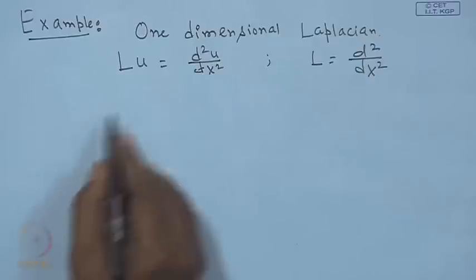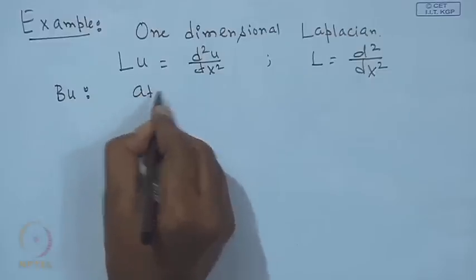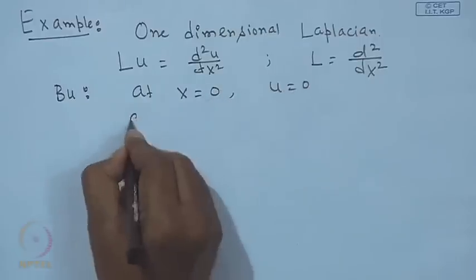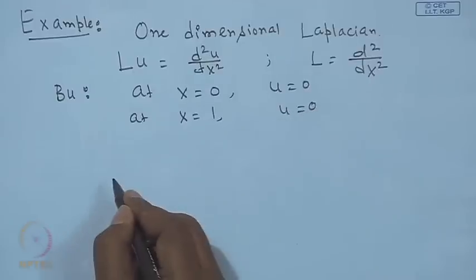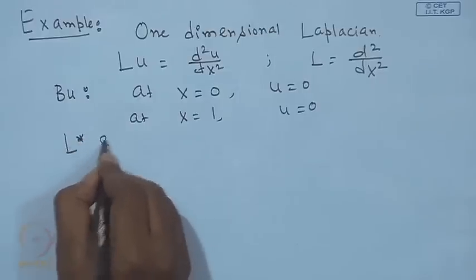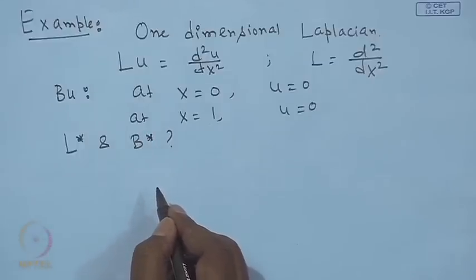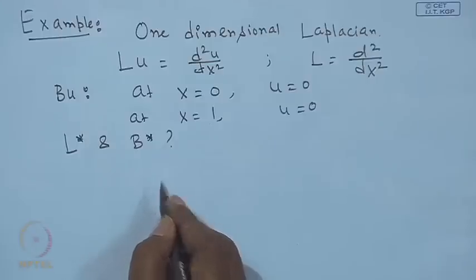Next, the boundary conditions for this problem are given as homogeneous boundary conditions: at x is equal to 0, u is equal to 0, at x is equal to 1, u is equal to 0. So, we have to find out what is L star and what is B star, the adjoint operator and the boundary adjoint operator. So, we proceed exactly the same way we have developed the theory of the adjoint operator.